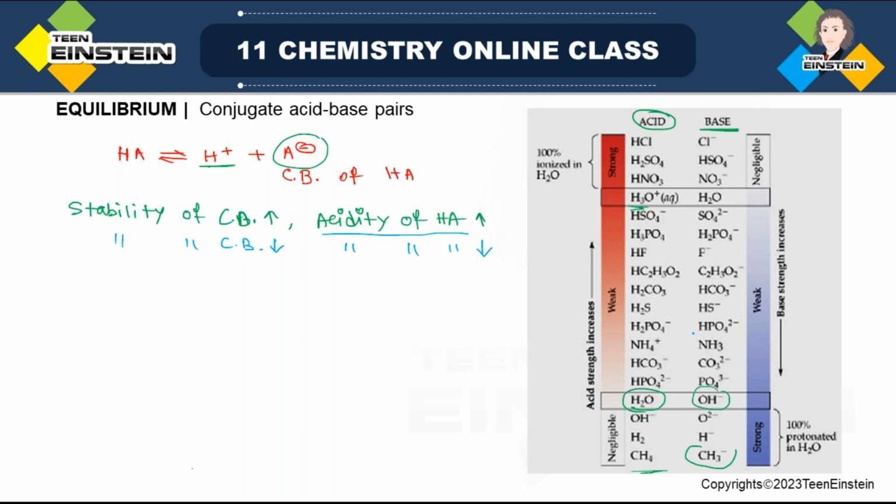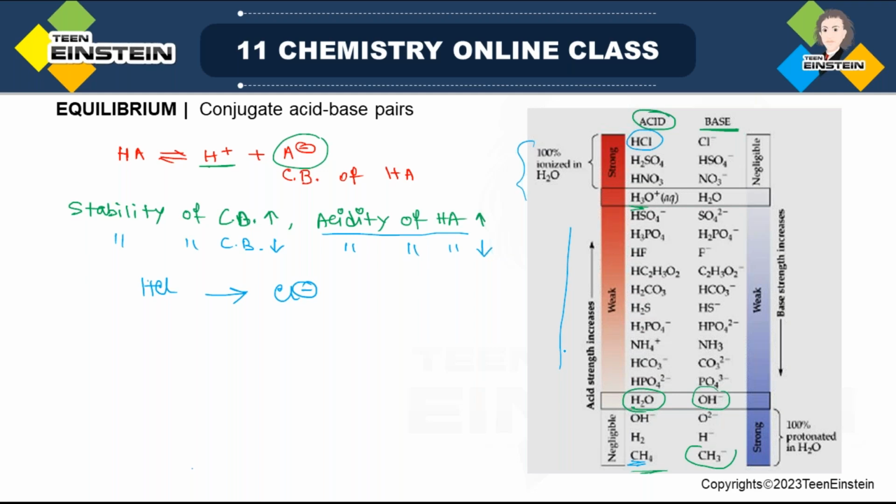So here you can easily understand this. I will take two extremes. One extreme we have HCl. The corresponding conjugate base is Cl minus, and if you see, it is 100% ionized in water. Then in the middle part, whatever examples you are seeing here, they are actually in between. So they are not very strong, they are not very weak.